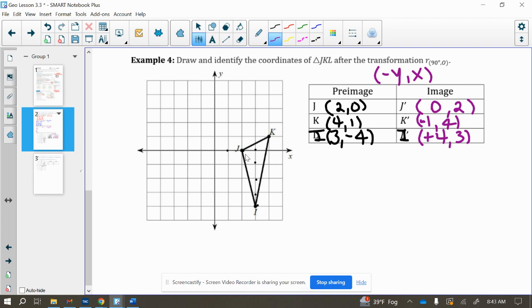So when we graph these, J prime is at 0, 2. So 0 left and right, up 2. Here's J prime. K prime is at negative 1, 4. So left 1, up 4 from the origin. And L prime is to the right 4, up 3.